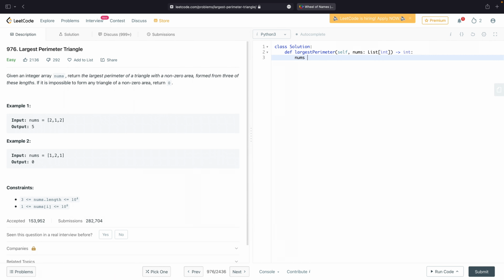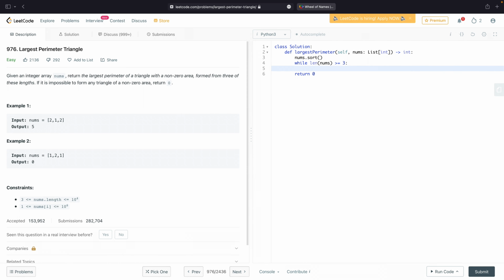That was meant to be a let, and it turned into a leet. Whoops. We don't even need a let in Python. That's not a thing. Nums.sort. So now what we want to do is, I want to do while len nums is greater than or equal to 3. Come back to that, return 0.